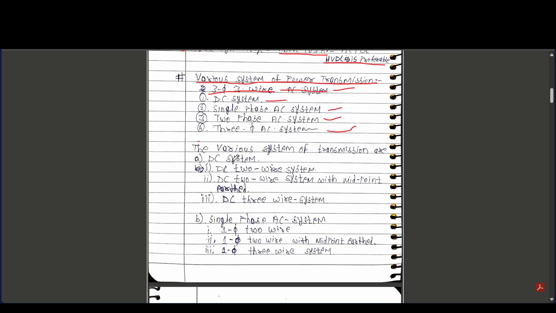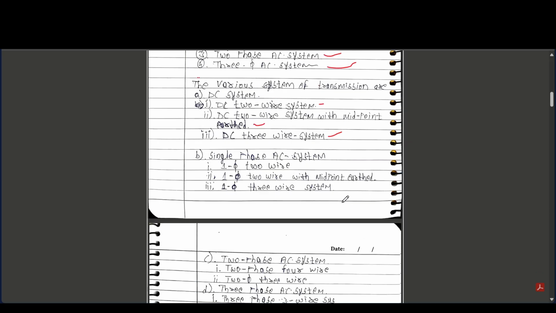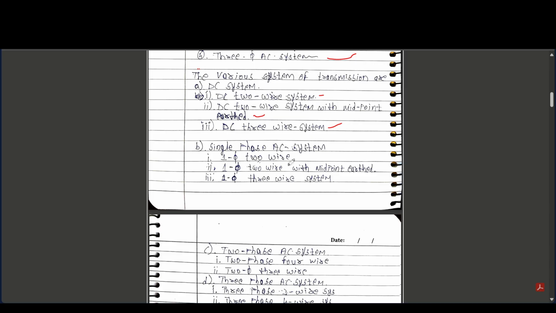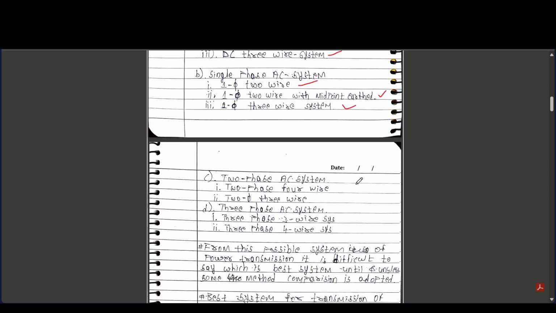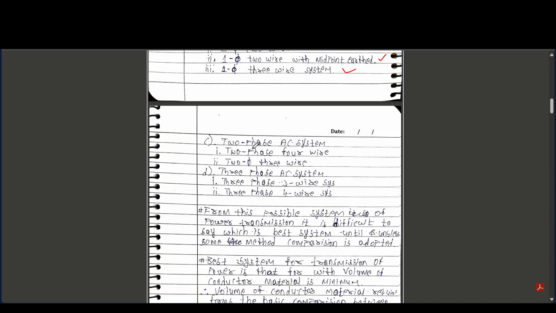In DC system we have DC two wire system, DC two wire system with midpoint earthed, then DC three wire system. In single phase AC system we have single phase two wire, single phase two wire with midpoint earthed, and then single phase three wire system. Moving further, we have two phase AC system also.